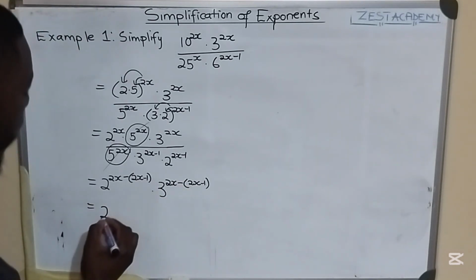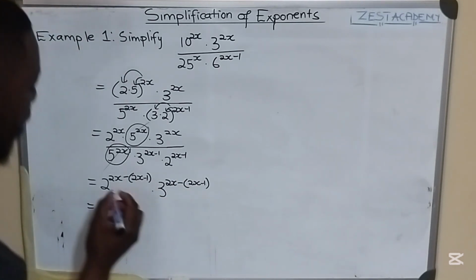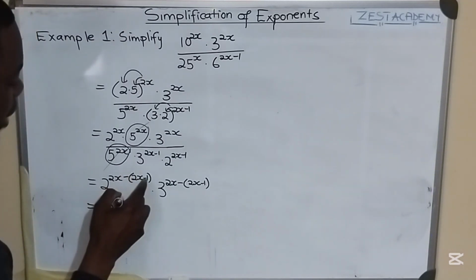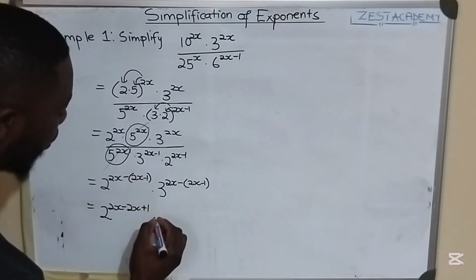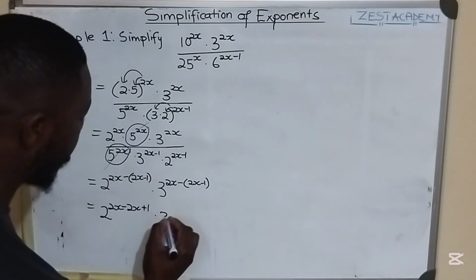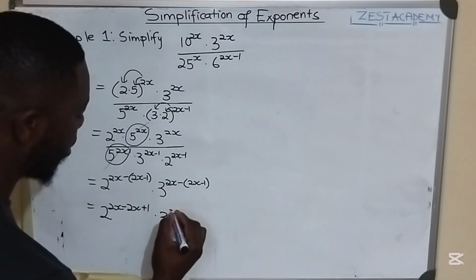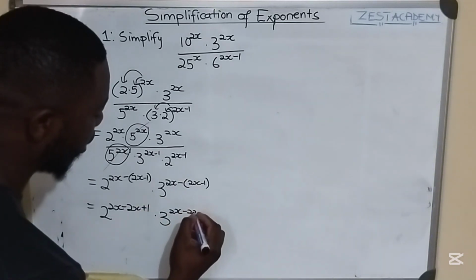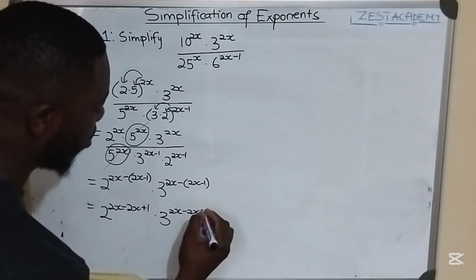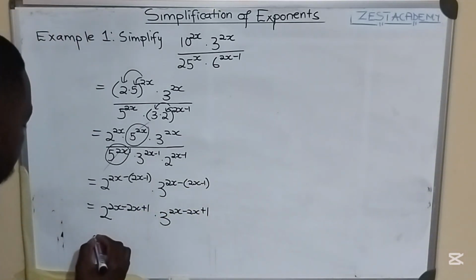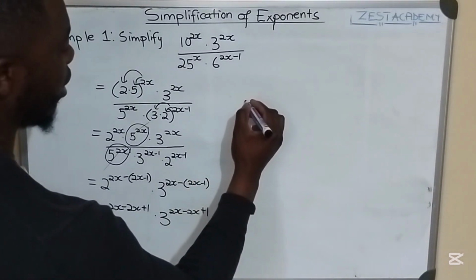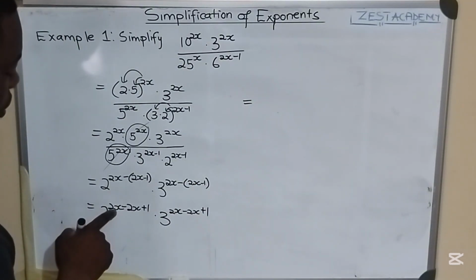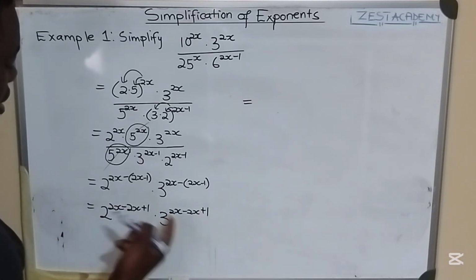Then let's finish this. This is going to be 2 to the power of 2x, negative times positive, negative 2x, negative times negative, positive 1, times 3 to the power of 2x, negative times positive, negative 2x, negative times negative, positive 1. And then our final answer, therefore: negative 2x plus 2x, that's 0.